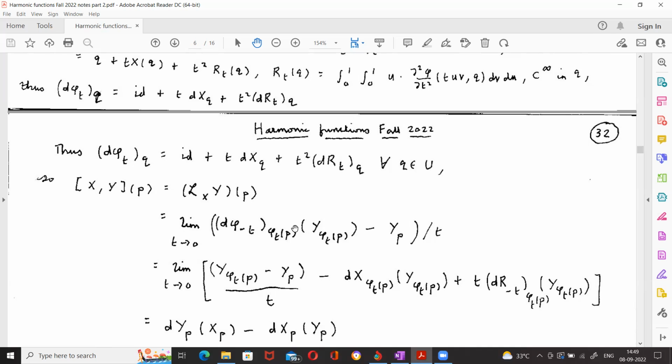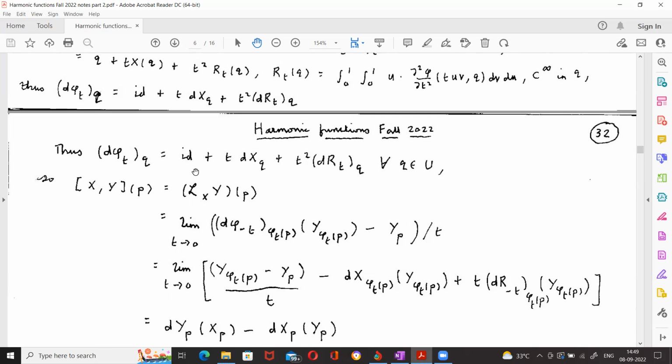So now I use the formula for d phi minus t. It's going to be identity minus t times dx at the point phi t of q of p plus t squared times this d r t. When I use this formula, I substitute this for d phi minus t at phi t of p.